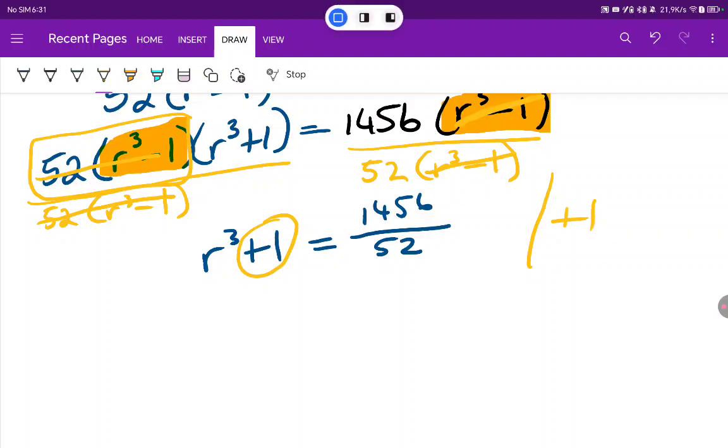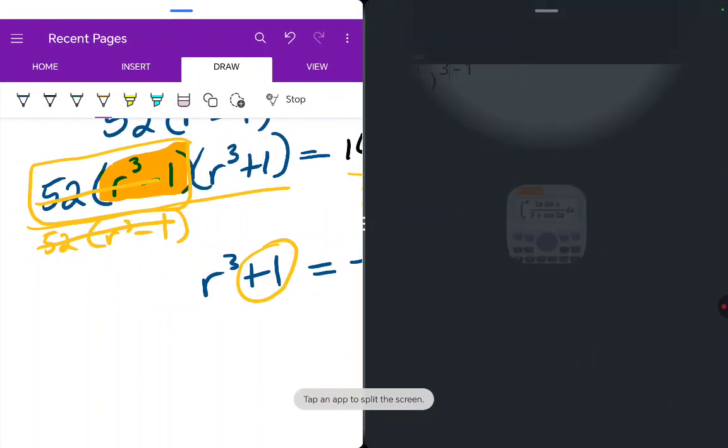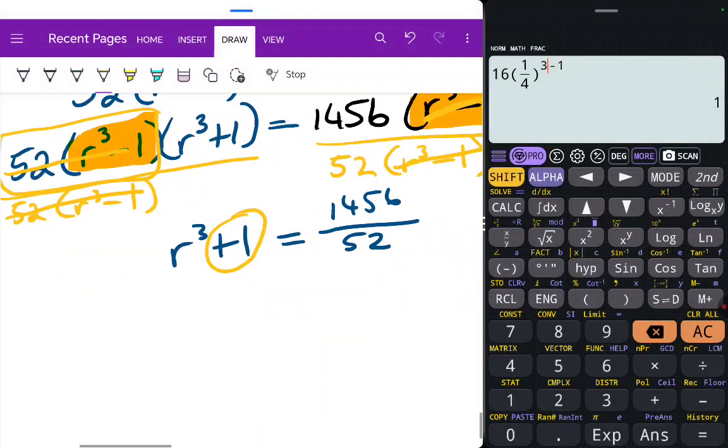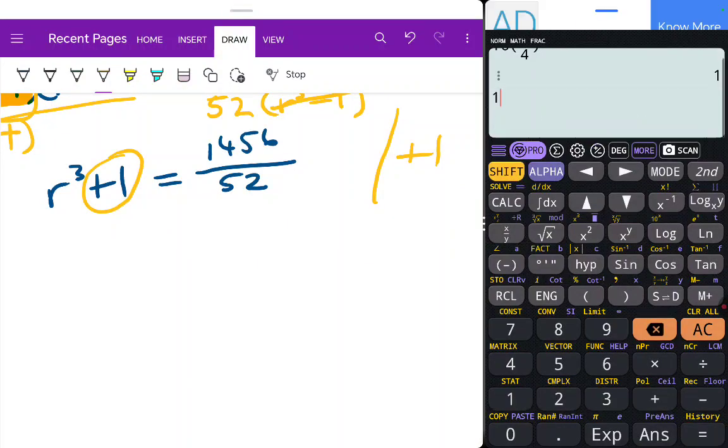Let's check the calculator. Where are we at? 1456 over 52. That gives us 28. Get rid of plus 1. We want to minus it. So we're going to say minus 1 on both sides. So that answer, minus 1, gives us 27.